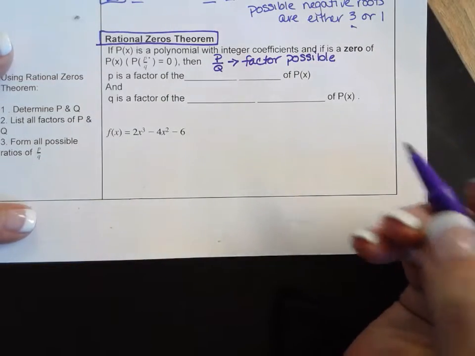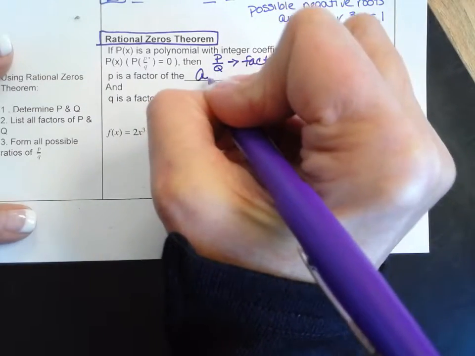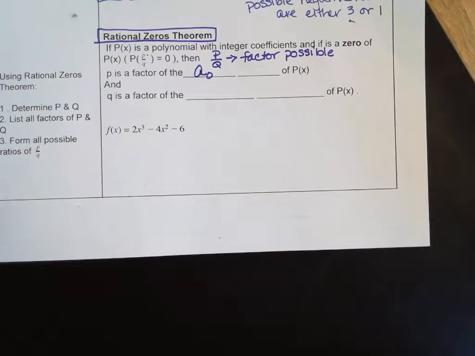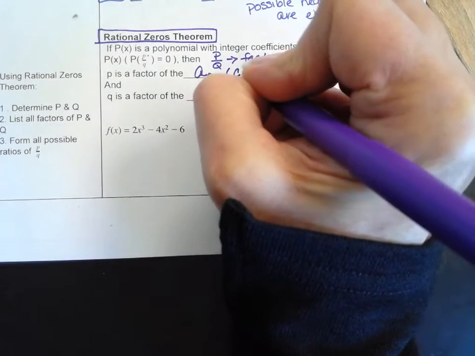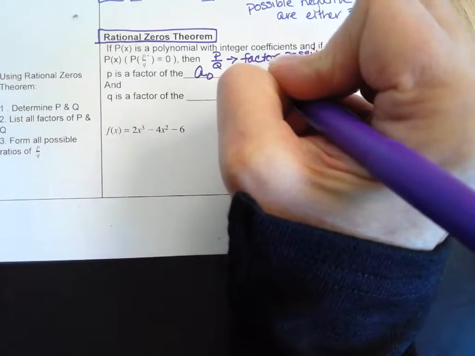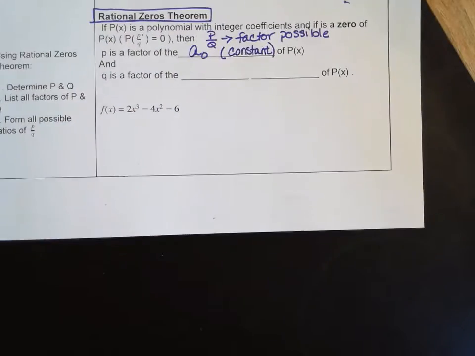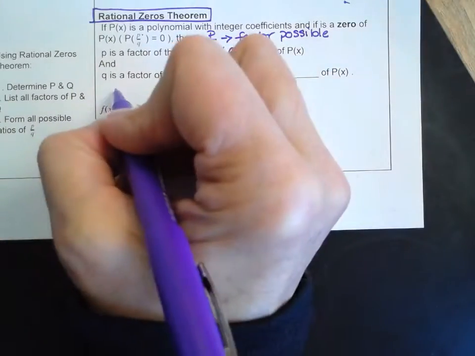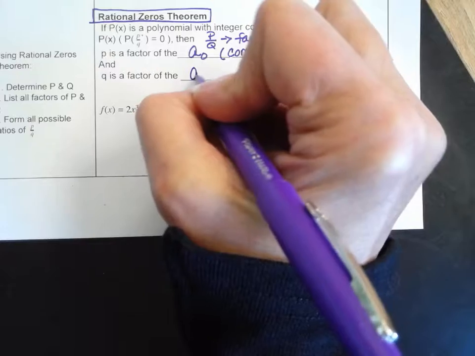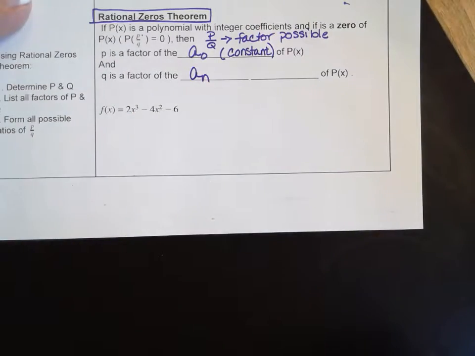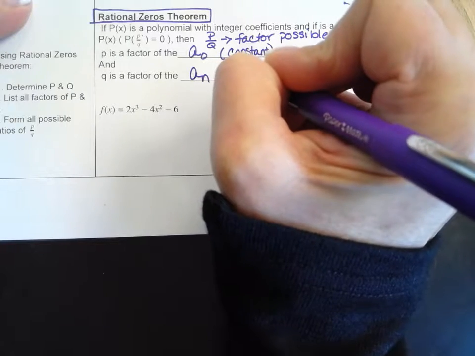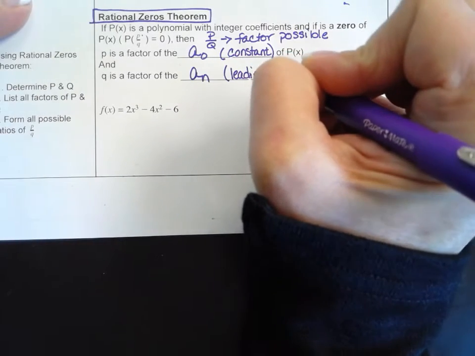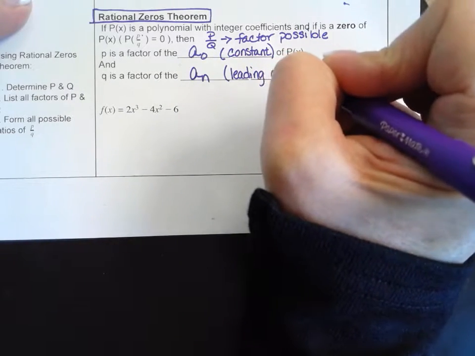P is a factor of your a sub 0, which is basically your constant. Q is a factor of a sub n, which is basically your leading coefficient.